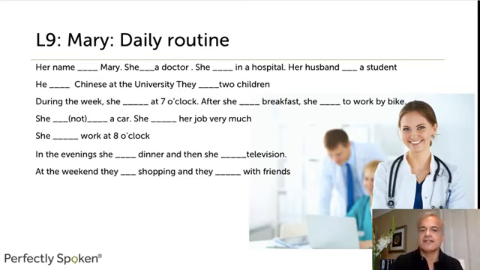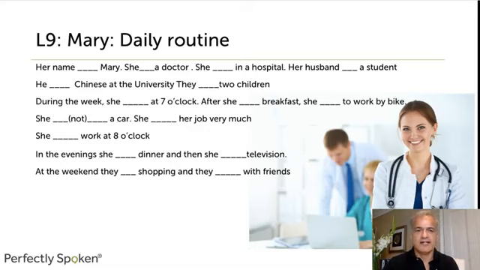Let's see. Okay, so her name, she work in a hospital. Her husband, a student. He, what do students do? During the week, she, 7 o'clock. After she breakfast, she to work by bike.